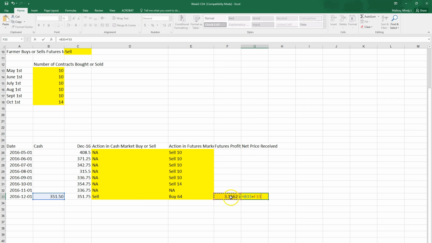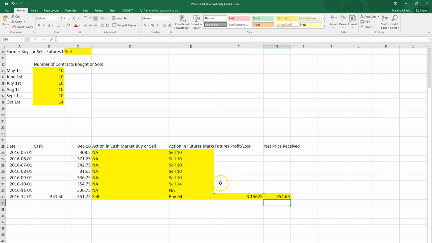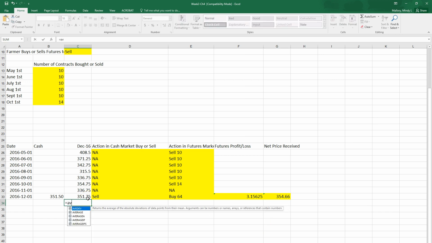So we gained a little bit from our futures hedge where we tried to get the average price of the season. So our net price received after hedging a fixed percentage of our crop each month was about $354.66. Now, if you think about it, the strategy was designed to give you the average price of the season.